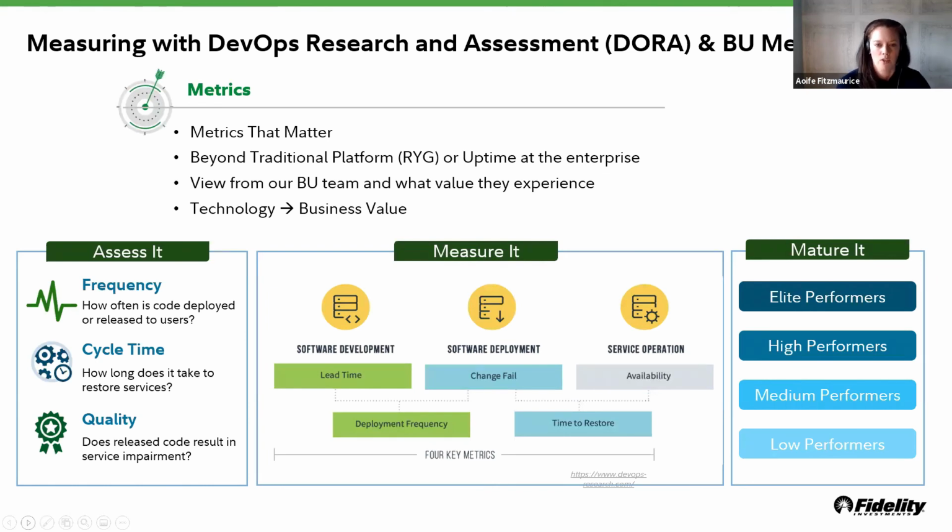These capabilities are less about green and red, whether things are up or down, and more about business value and the maturity of those teams, allowing them to make progression themselves to realize the full value of pipelines.